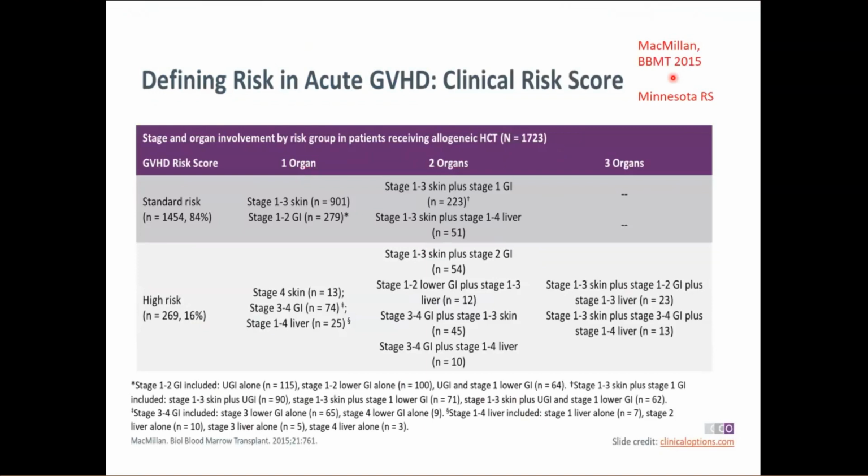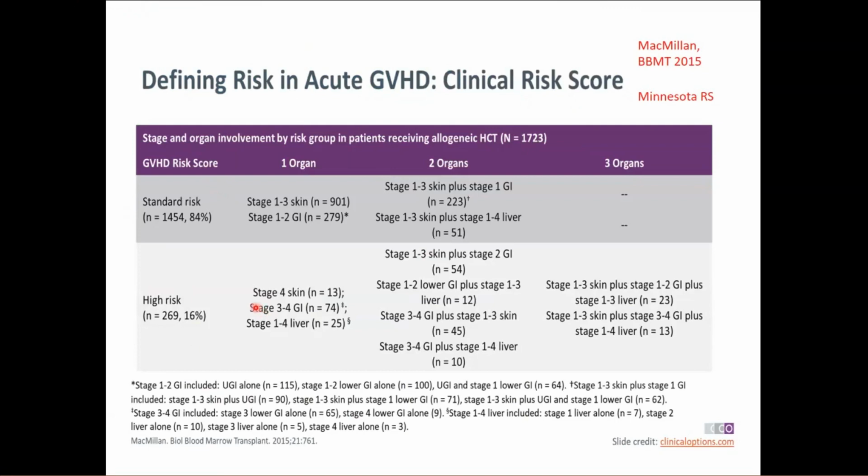Macmillan published first in BBMT 2015, followed by a validation study published in Hematologica in 2020, the Minnesota Risk Score. This is a clinical risk score which defines the criteria for standard risk and the criteria for high-risk patients.